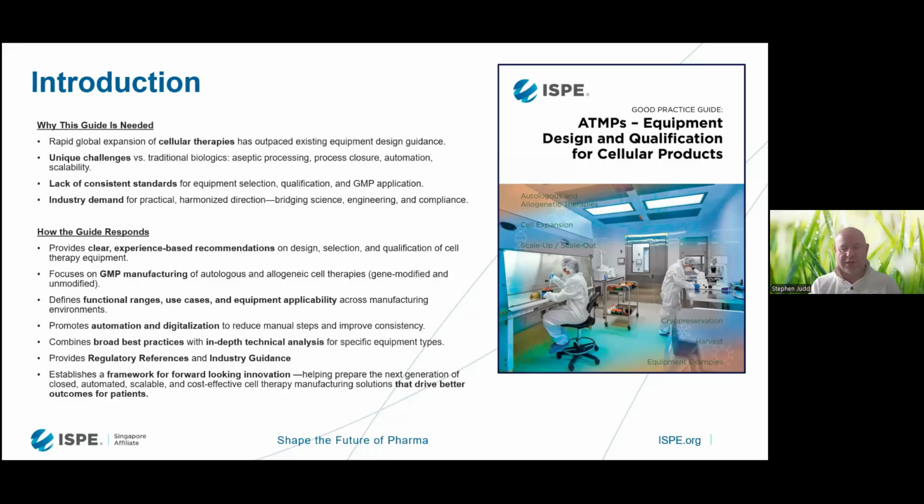There are no recommendations in this guide with respect to which technology should be used with respect to which step. The information is there to guide the reader's decision-making process to select the most appropriate technologies for your particular application.